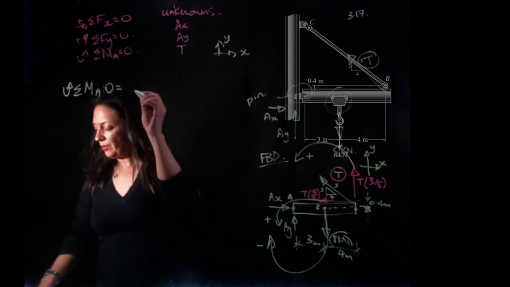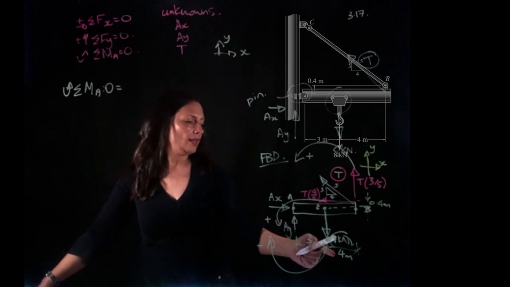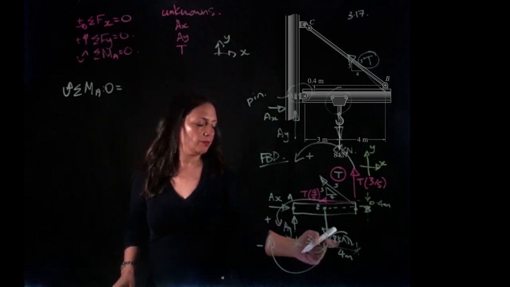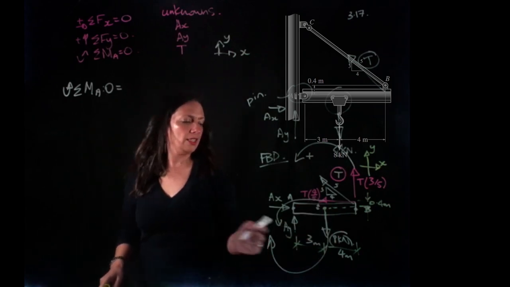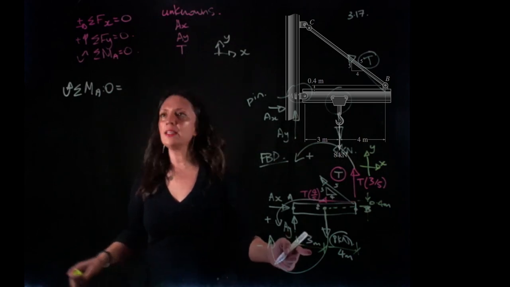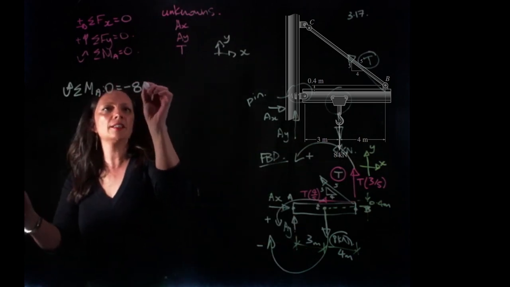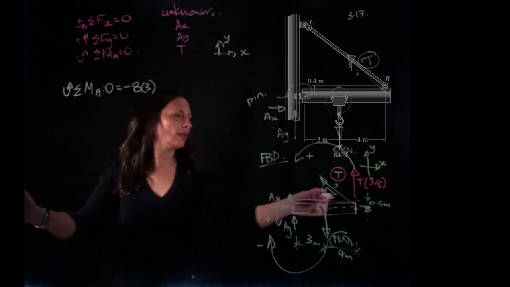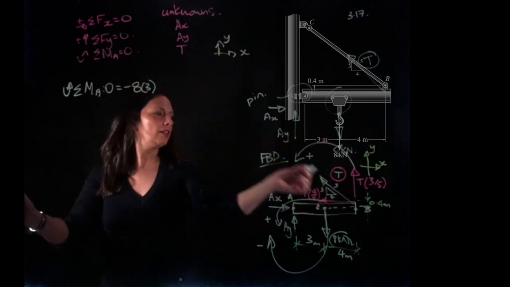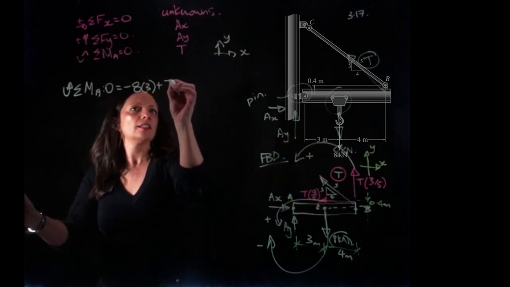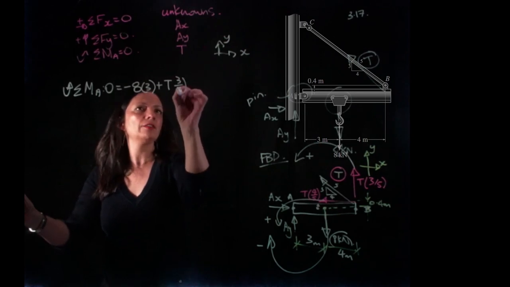So I'm going to write out 8 kilonewtons, and that's going negative. My perpendicular distance is 3. So minus 8 times 3. I'm going to have T plus T 3 on 5.